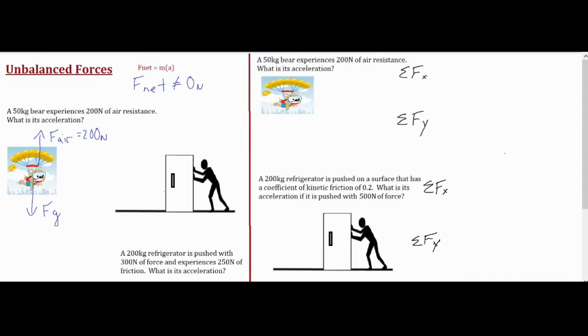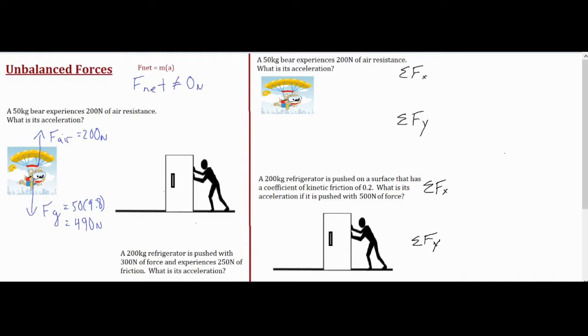And then for the bottom part, we are going to do Fg equals mg, which is mass times 9.8, and that equals 490 newtons.